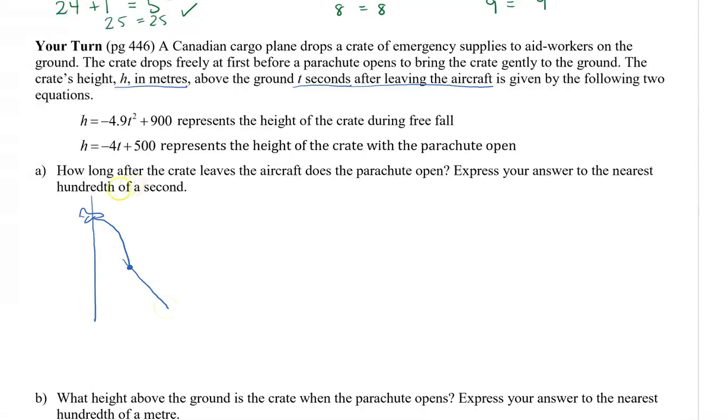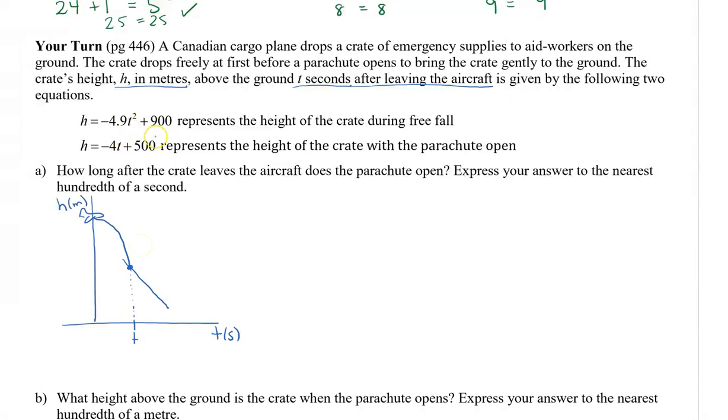All right, so how long after the crate leaves the aircraft? So if this is my height, which is in meters, and this is my time, which is in seconds, this is the time right here, which represents the time when the parachute opens. So what we want to do is figure out where this parabola intersects this line, which is at that point.